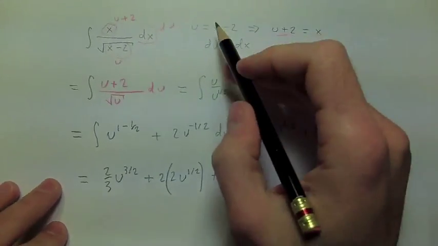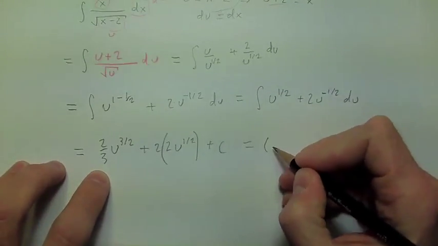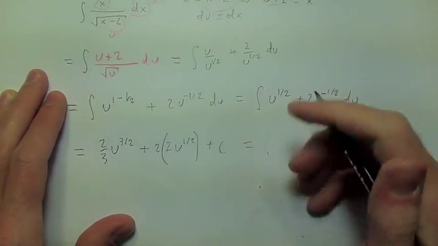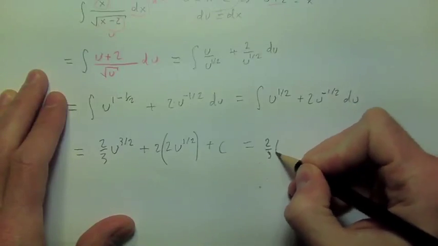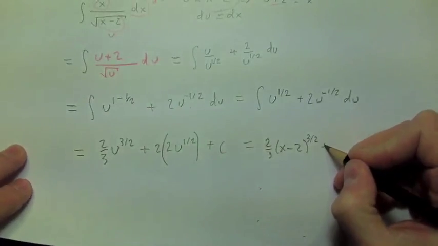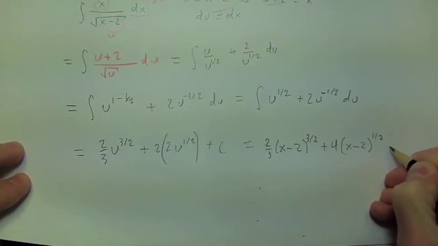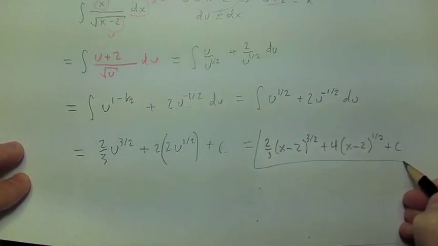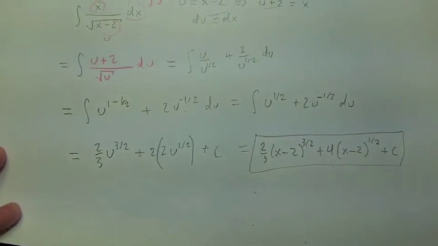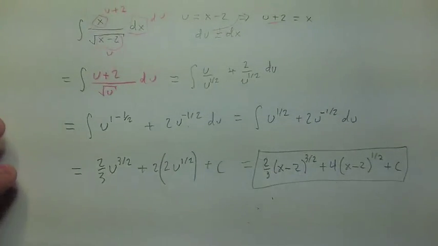So u was x minus 2. So this will simply be 2/3 times x minus 2 to the 3/2 plus 4 times x minus 2 to the 1/2 plus C. All right, and that is our answer.